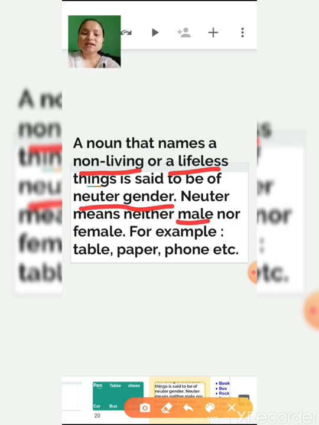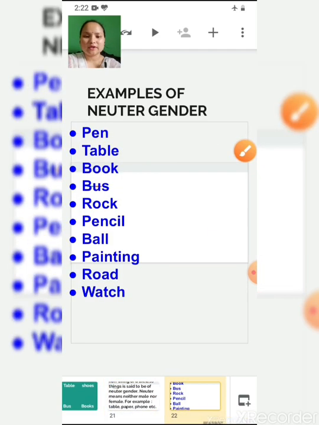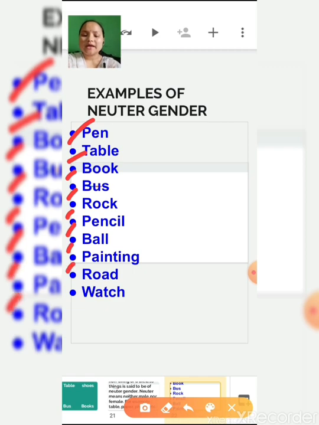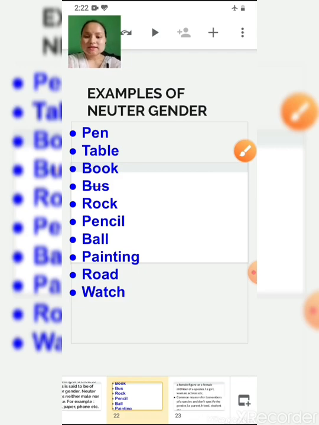Neuter means neither male nor female. For example, table, paper, phone, etc. Let's see some more examples. Pen, table, book, bus, rock, pencil, ball, painting, road, watch. These are some examples of neuter gender.